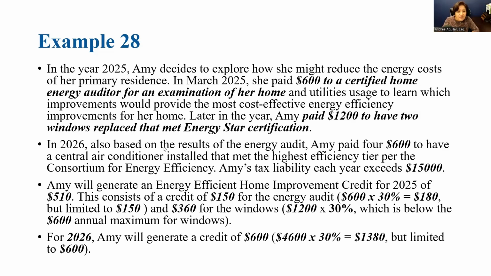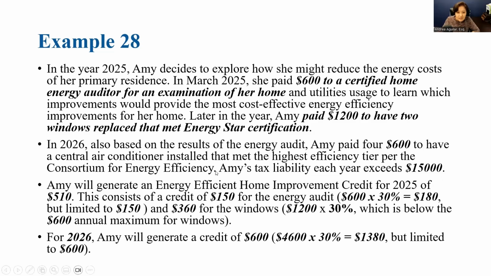In 2026, she also spent $600 to have a central air conditioner installed that met the highest efficiency tier per the Consortium for Energy Efficiency. Her tax liability for the year exceeds $15,000. Amy will generate an energy efficient home improvement credit for 2025 of $510 and for 2026 of $600.